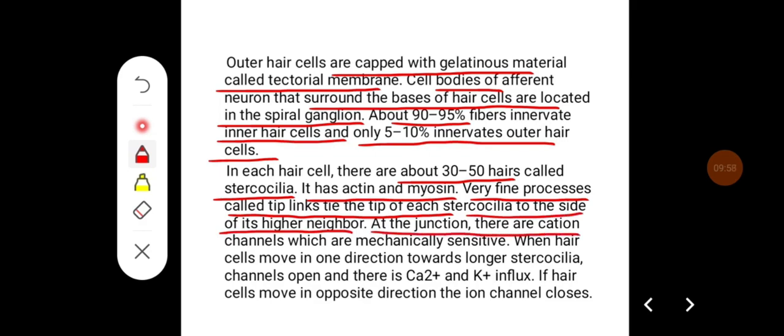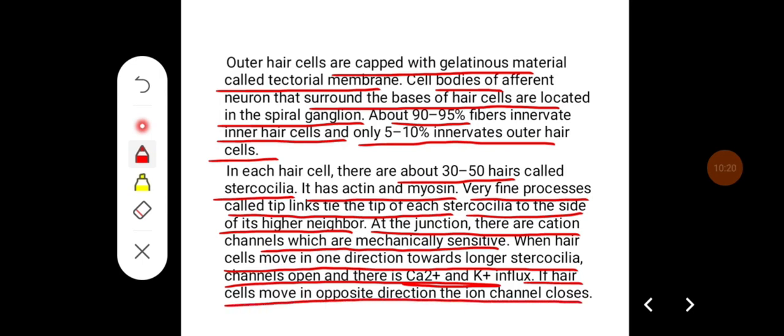At the junction, there are cation channels which are mechanically sensitive. When hair cells move in one direction towards the longer stereocilia, channels open up and there is an influx of potassium and calcium. If the cells move in the opposite direction, the ion channels close.